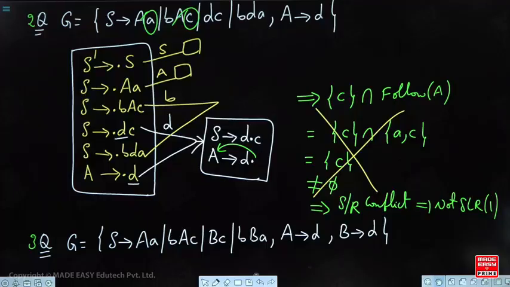After completion of these questions, we will go for LR of 0. Once I complete LR of 0, then we will see the questions based on both SLR of 1 and LR of 0. Then we go for CLR of 1, then LALR of 1, then overall.